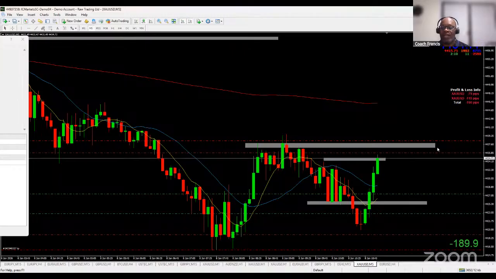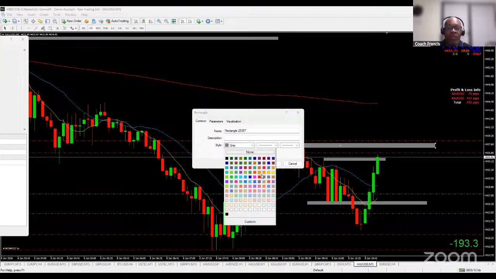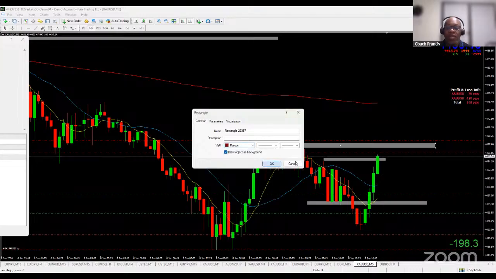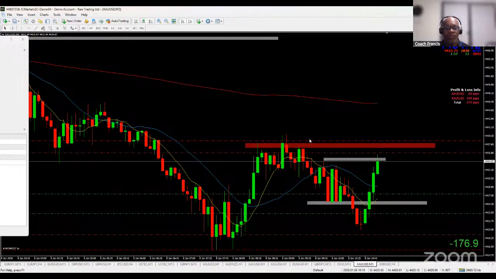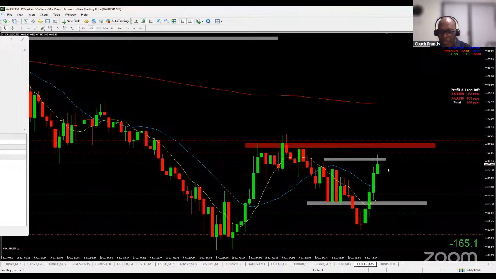But that is for this time frame anyway, our overall resistance for this time frame.